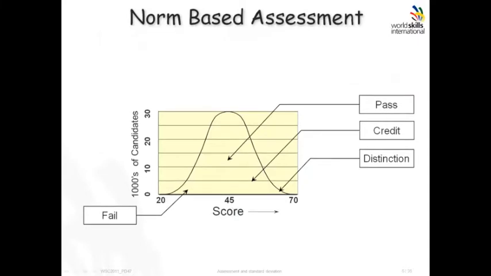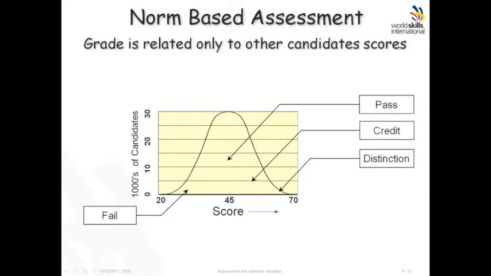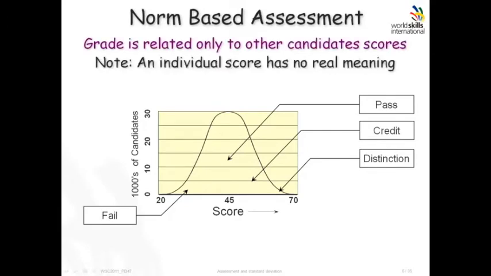This graph is typical of a norm-based examination result. In norm-based assessment, grade is related only to other candidates' scores. Note: an individual score has no real meaning. Here, a score of 25 resulted in a fail. But, had the results been between, say, 5 marks and 30 marks on the x-axis, a score of 25 might have been a distinction.